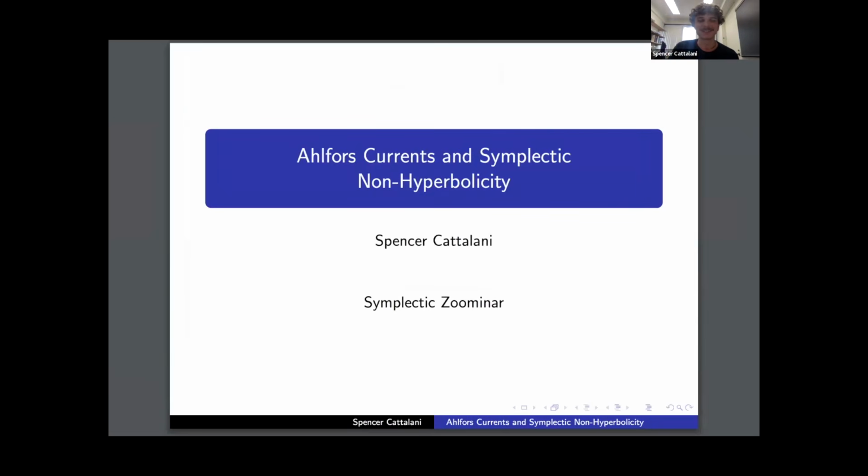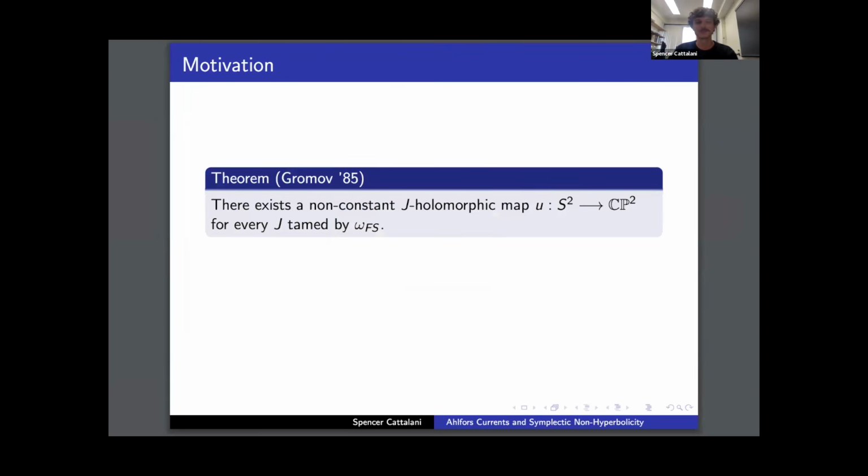Let me first give some classical motivation for this talk. And like many things, it starts with Gromov in 1985. The theorem is: for any J tamed by the standard Fubini-Study form on CP2, there's a rational curve.